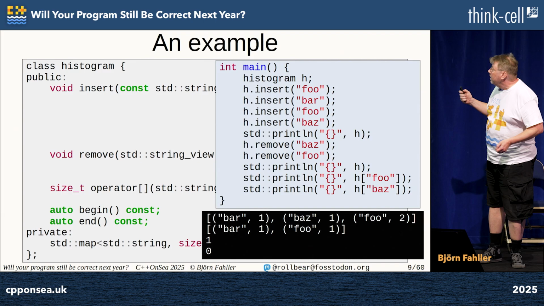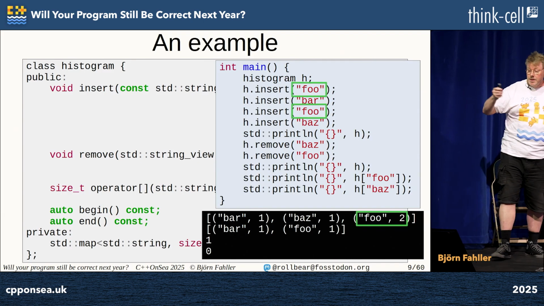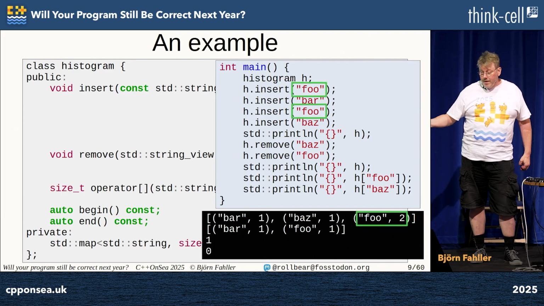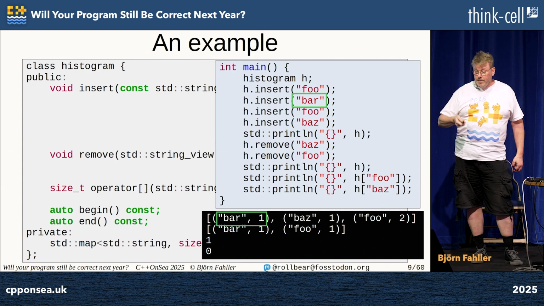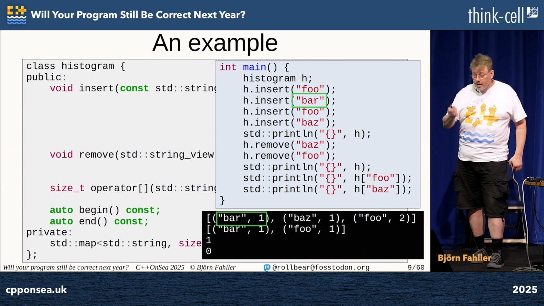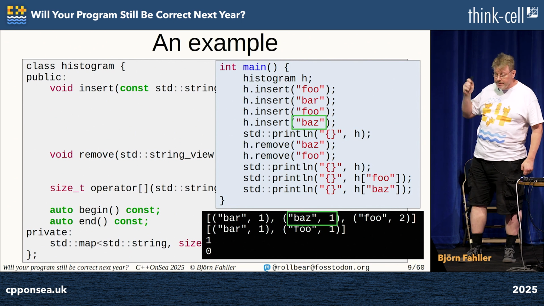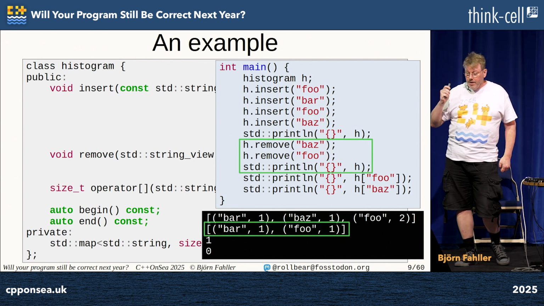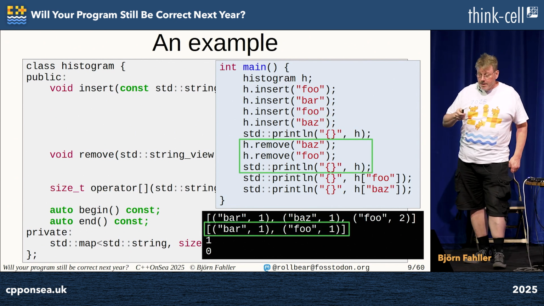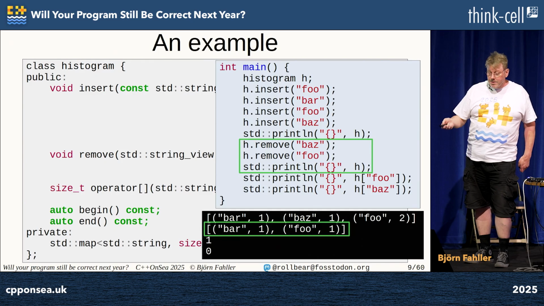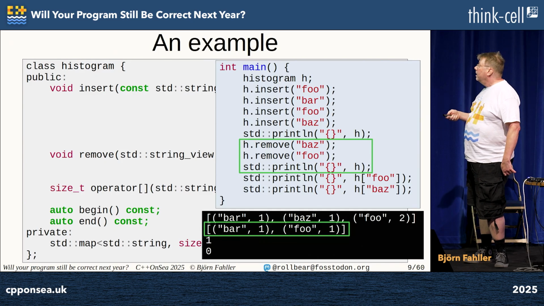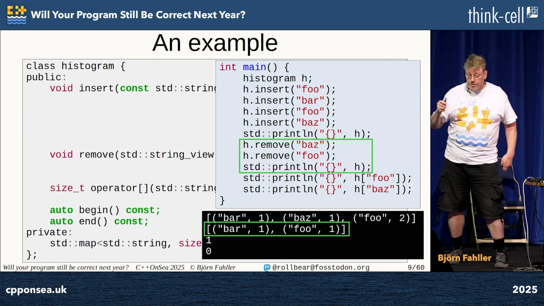And I print them, and we see I inserted foo twice, we have foo in there. I inserted bar once, we have bar with the count of 1. Inserted baz once, baz is there with a count of 1. Yeah, that checks. Okay, good. Remove baz and foo, and we see that foo now has 1 and baz is no longer in the range. So, okay, that looked good so far.